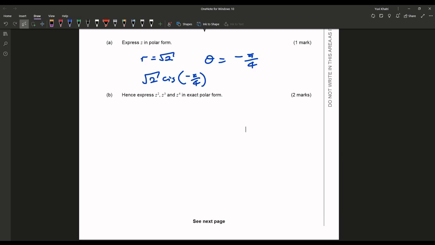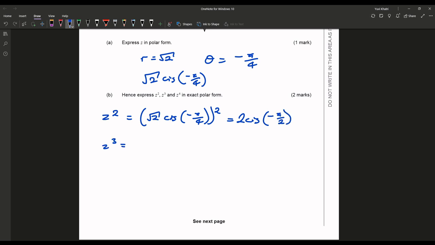Now part B wants us to express z squared, z cubed, and z to the 4 in exact polar form. But that's pretty simple. We can just use De Moivre's theorem here. So z squared is going to be root 2 cis negative pi over 4, squared, which is going to be 2 cis, and this, remember, just multiplies in here, so that's negative 2 pi on 4, or negative pi over 2.